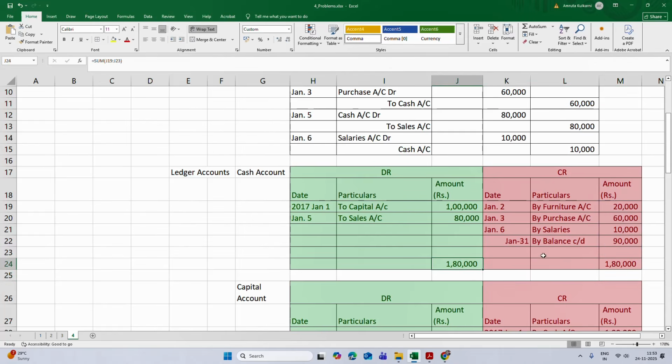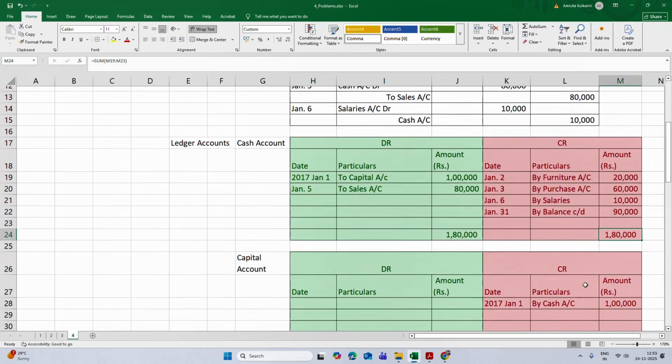So now we have got debit side 1,80,000 and credit side 1,80,000, which is balanced. So each of the ledger account you have to balance.